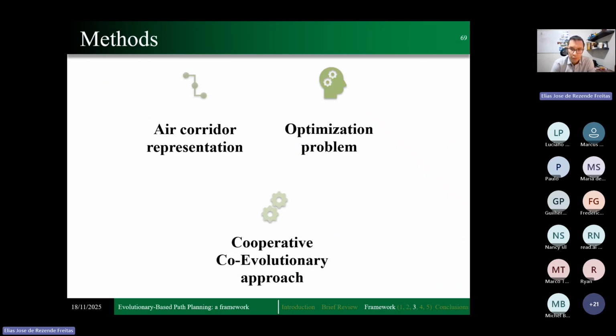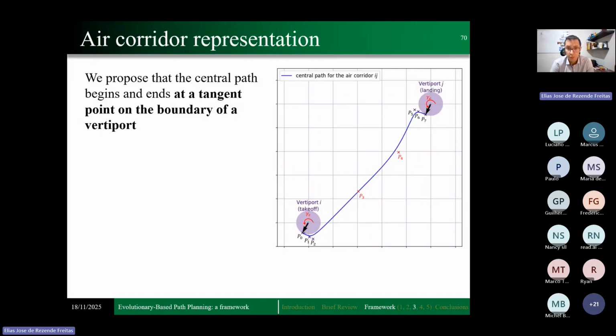Our proposed method is divided into air corridor representation, the definition of the optimization problem, and a cooperative coevolutionary approach. We propose that the central path begins and ends at a tangent point on the boundary of a vertiport.